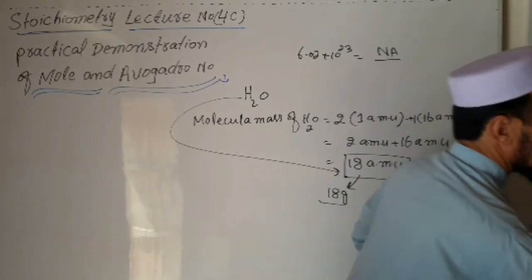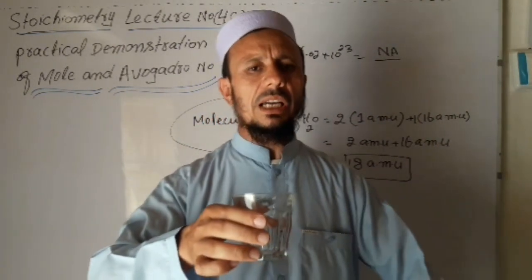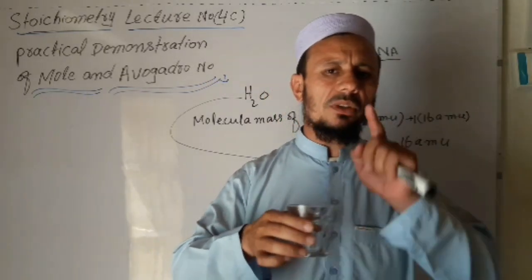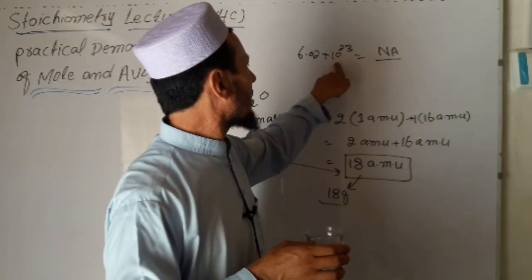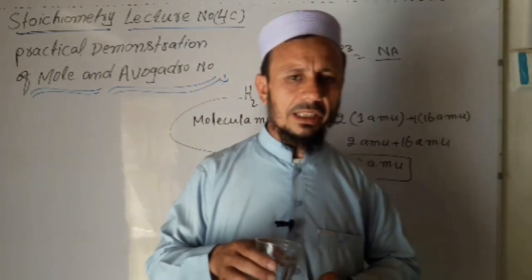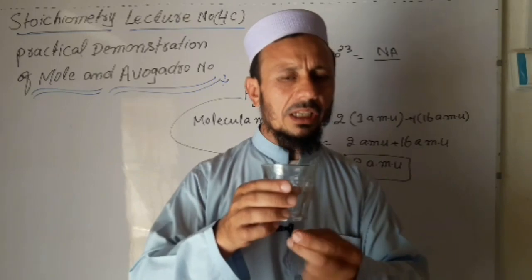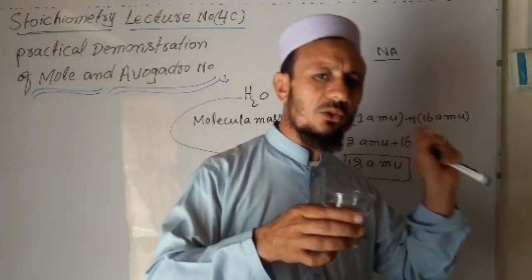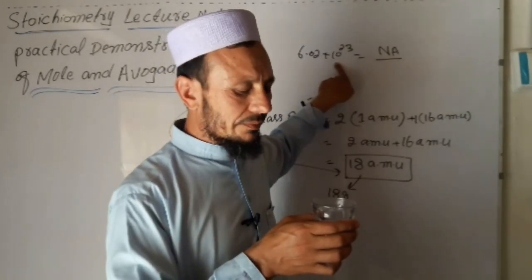Dear students, in this 1 mole of water which I have drunk, I have engulfed roundabout 6.02 multiplied by 10 raised to the power of 23 water molecules. Why? Because it was equal to 1 mole, and the number of particles in 1 mole is called Avogadro number, and Avogadro number is equal to this number.